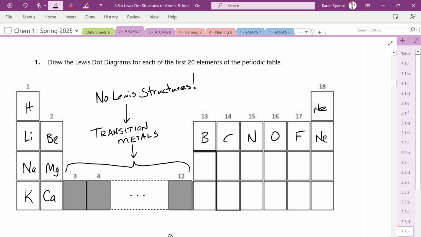Now, just so you know, that one electron can go at the top, it can go at the side, it can go at the bottom. I don't care. Whatever you want. You can have them all the same, you can have them all different. Doesn't matter. Okay?